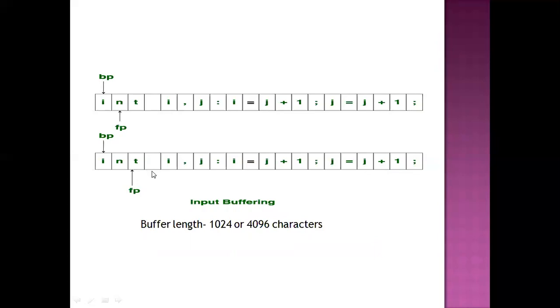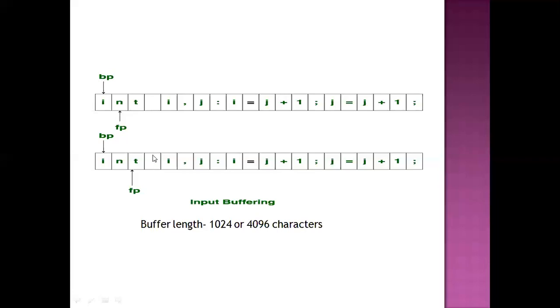As soon as it reaches the blank space, it identifies a token. That means int is a token, and int is a keyword. In the symbol table, it places int under the keyword section.